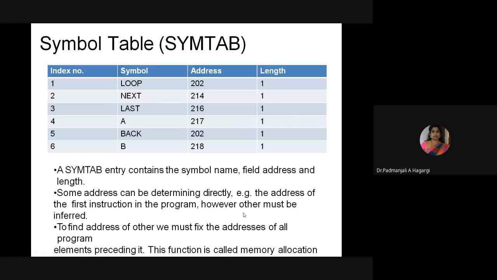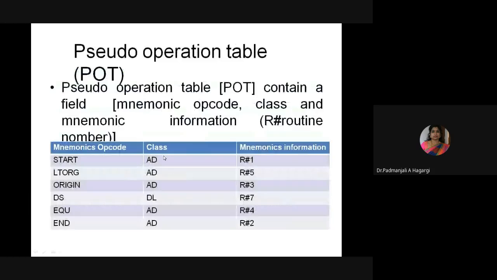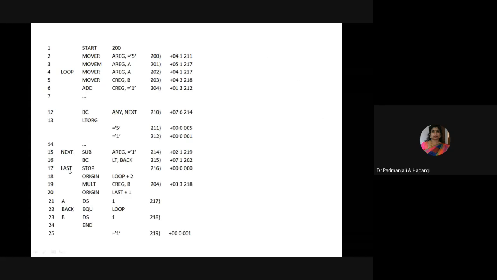Before that we have another two tables, the symbol table and the literal table. What is the symbol table? Whatever symbols are used in the program, for example loop, next, last, a, back, b. Sorry, these are the labels used in the program. Not only these, also any, next, a, b.